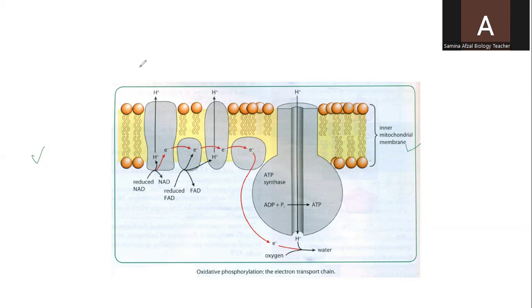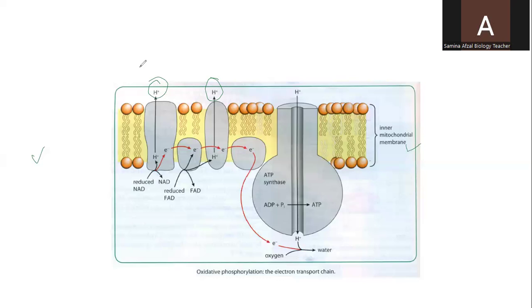The hydrogen will be released when the reduced NAD is changed into NAD, and the hydrogen ions, or the protons, will move outside the inner membrane, and the electrons will be used up by the electron carriers. In this way the electron transport chain takes place. You can say one carrier and the other carrier, and the hydrogen ions or protons are moving out, outside the inner membrane.